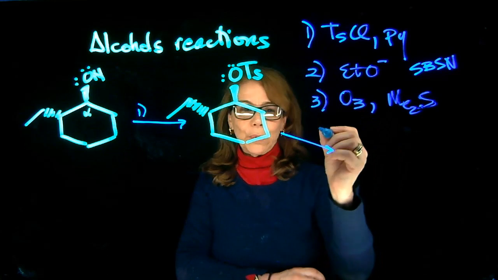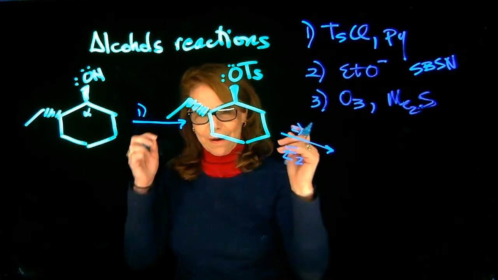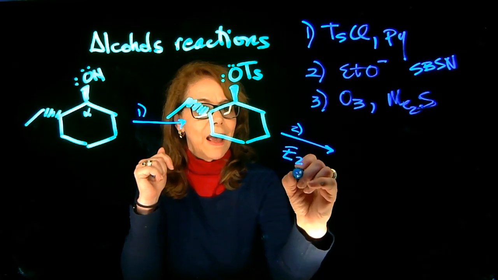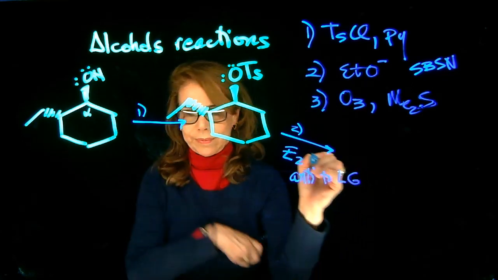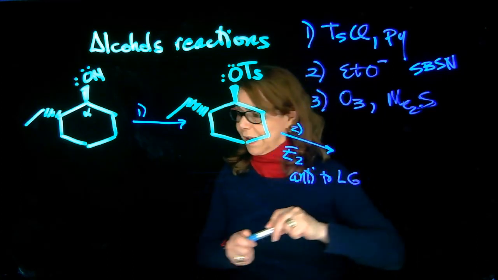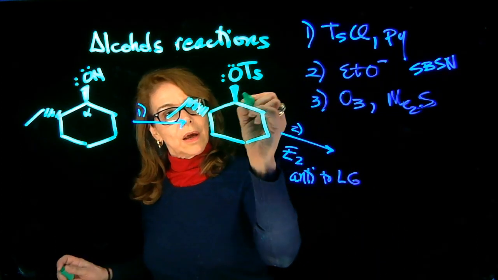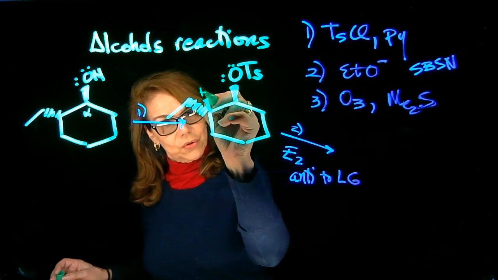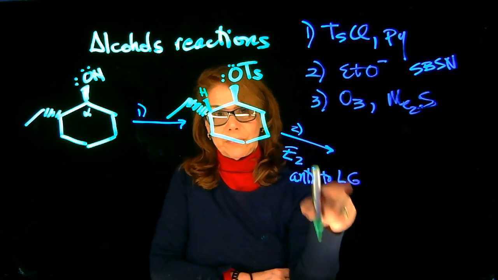But what we need to remember is that for an E2 reaction to happen, you need to have a beta hydrogen that is anti to the leaving group. Just to go briefly over that, in that molecule, to this side you have a hydrogen, but it's not opposite. It's not anti to the leaving group.